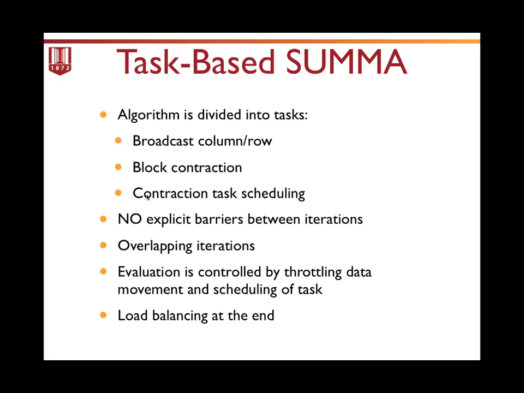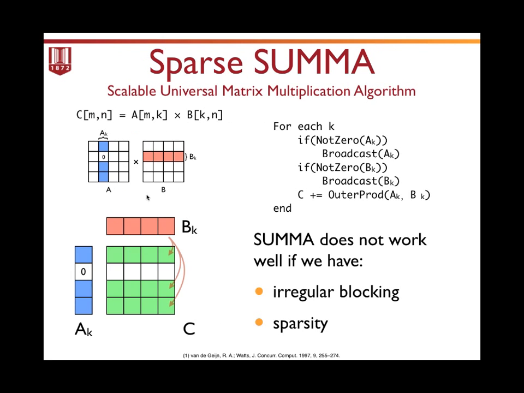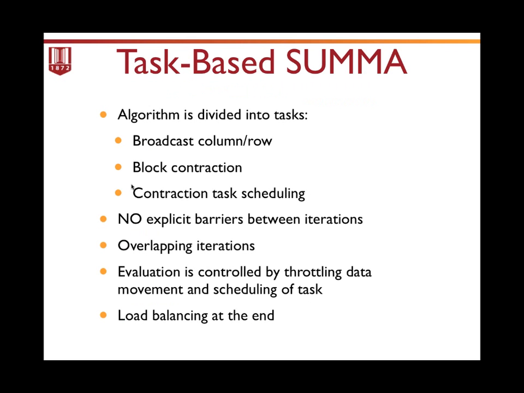So another advantage is that since we've removed the requirement for barriers between iterations, we also are now allowed to overlap iterations. So, for example, in the previous slide where you have data that is not present in one tile or another, we just skip over it.